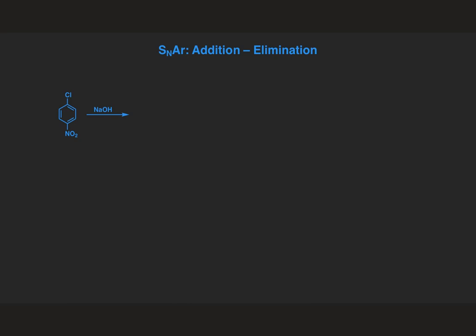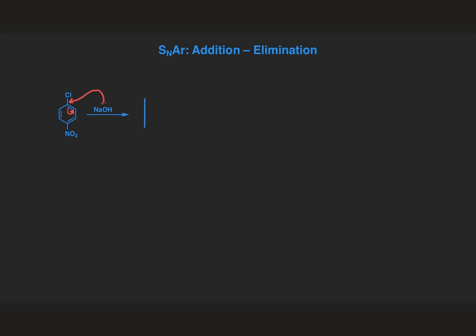And so the first thing that's going to happen is some electrons on the OH are going to attack a carbon with the chlorine, or with the leaving group on it, and this double bond is going to kick over to be a lone pair on a carbon.